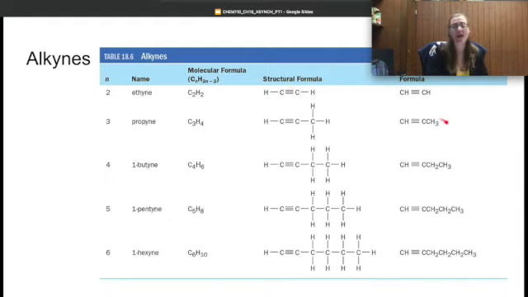And here are the structural or the condensed structural formulas as well. And we can see that there is a triple bond represented by 3 lines there. So you should be able to check out any of these different formats and totally understand that you have an alkyne by the name ending in YNE, that molecular formula following the format of C sub N, H sub 2N minus 2.